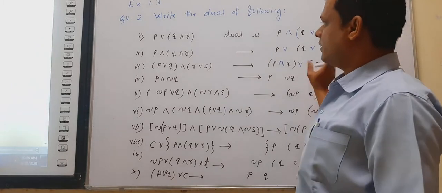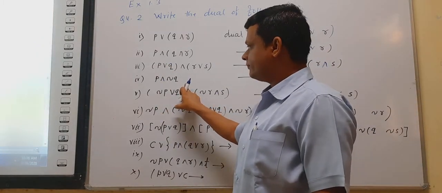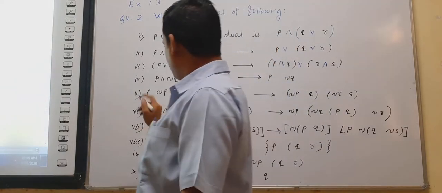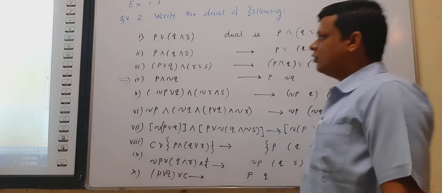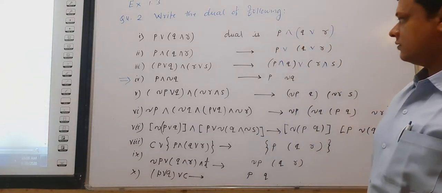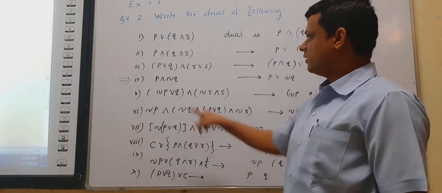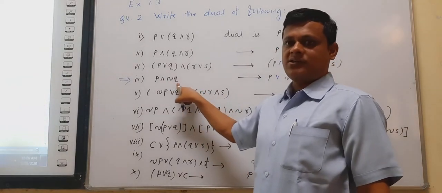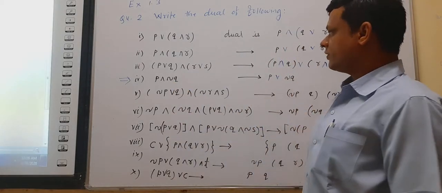Therefore, this is the dual for the given statement. P and negation Q. We always remember, do not change the negation. P and is replaced by or. Keep the negation as it is. Negation of Q. P or negation of Q.